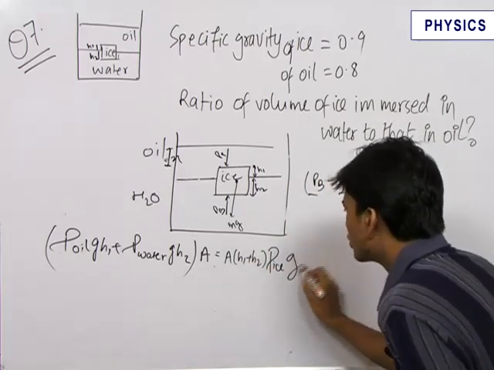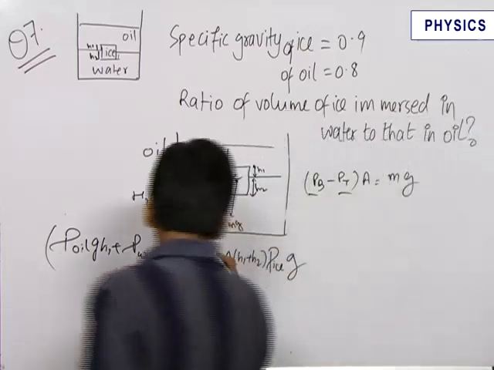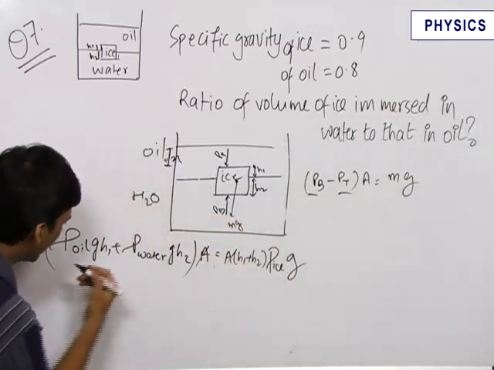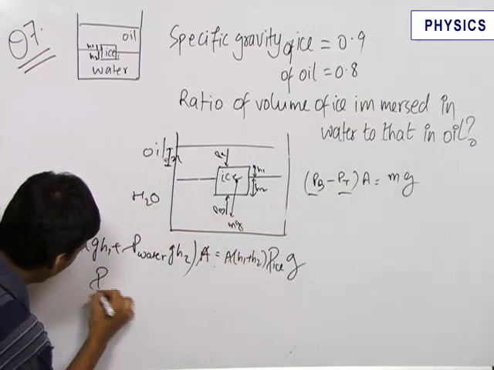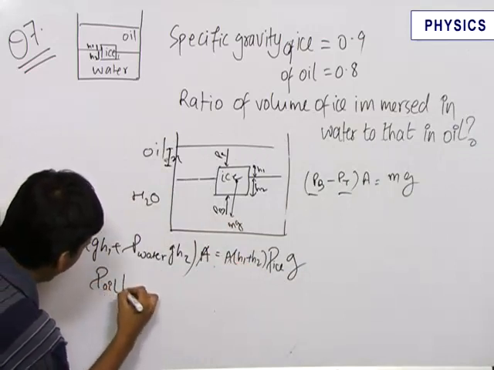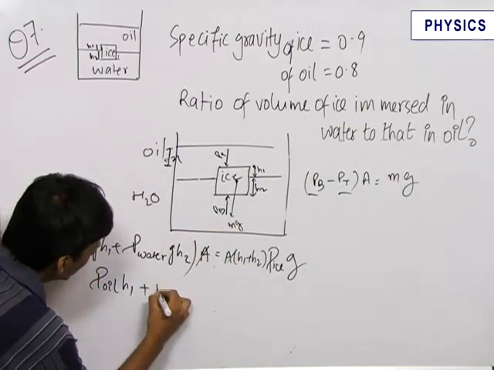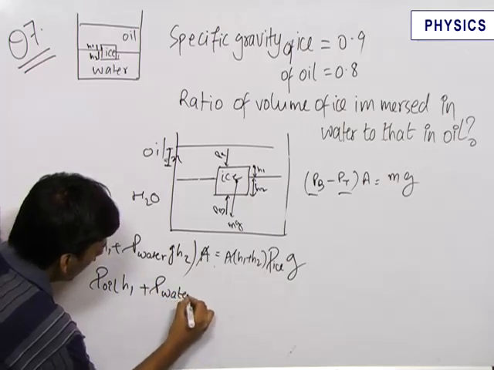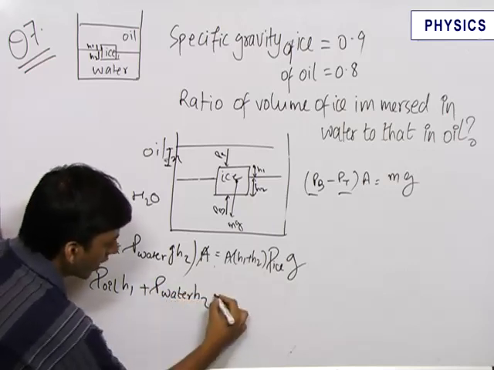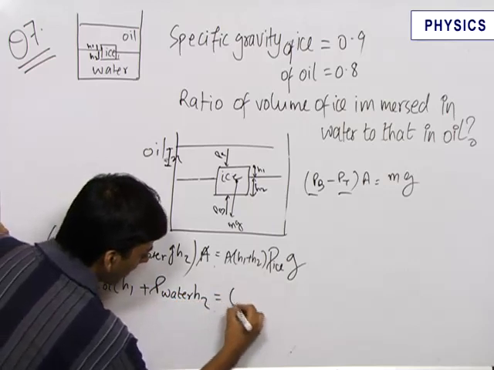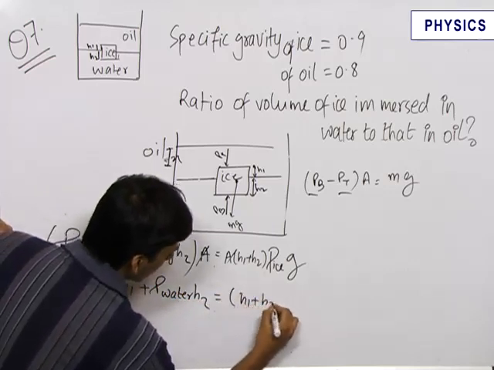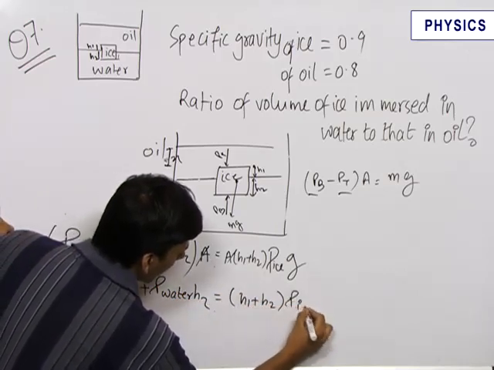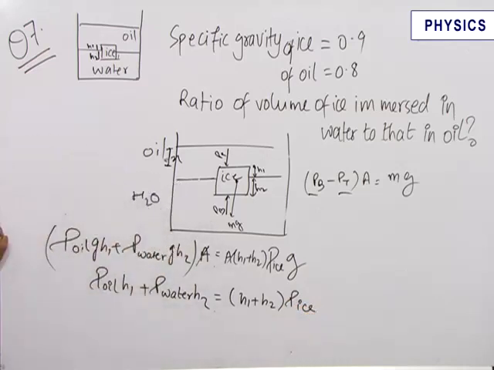A gets cancelled, g gets cancelled also, so we get rho of oil into h1 plus rho of water into h2 is equal to (h1 plus h2) into rho of ice.